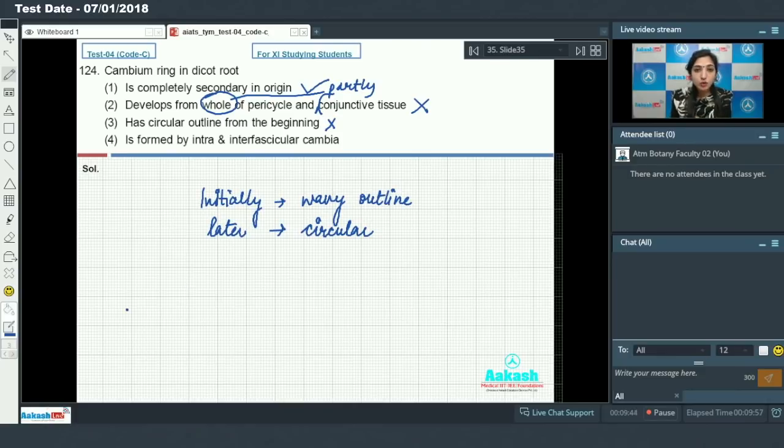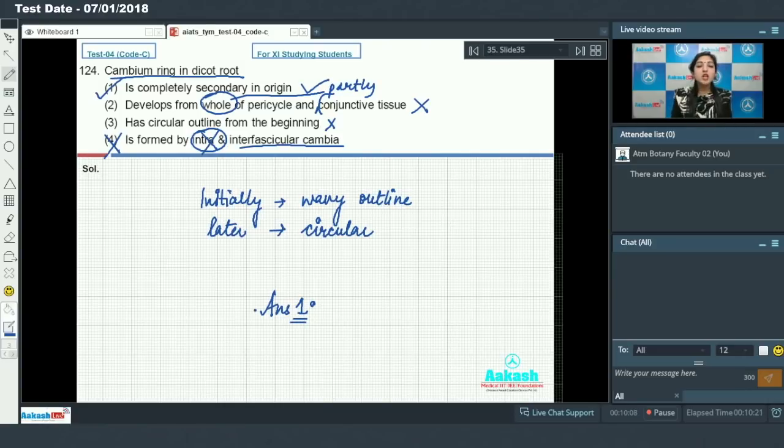Cambium ring in dicot root is formed by intra and interfascicular cambia. No. Intrafascicular cambium is absent in dicot root. Cambium ring in dicot root is formed by interfascicular cambium. So this option is ruled out. So the correct answer to this question is option number 1.